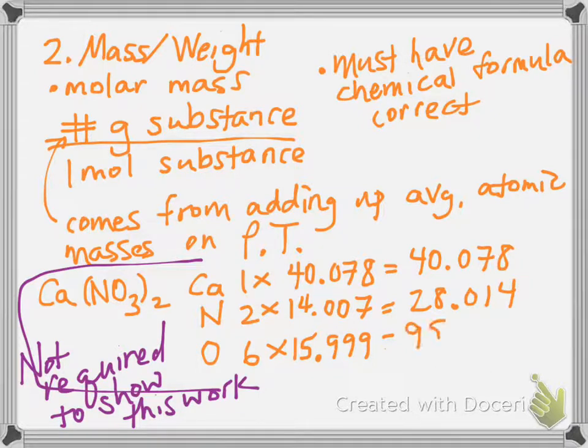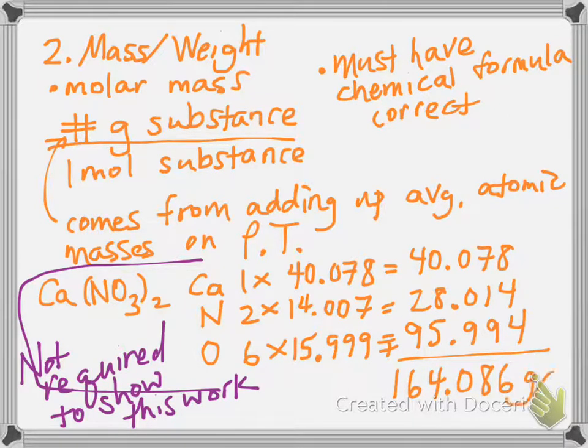This is 95. We add all of those together, and that's our molar mass. This is the number that we would plug in here if we were talking about calcium nitrate. Again, this is one of the tools on your toolkit.